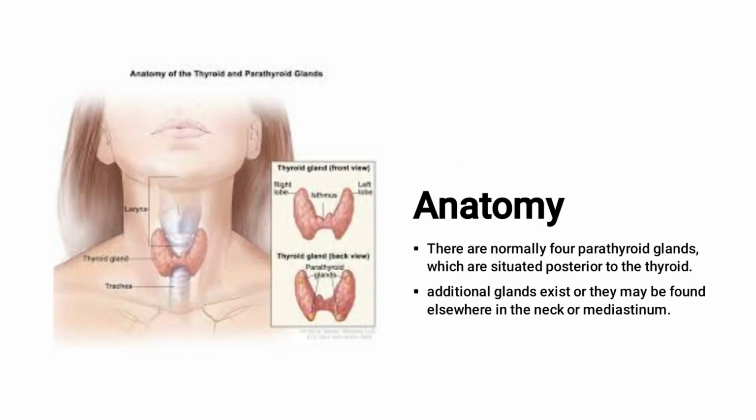When we talk about the anatomy of the parathyroid, it's not that far from the thyroid actually. The parathyroid sits on the thyroid gland pole, but it is more behind the thyroid.